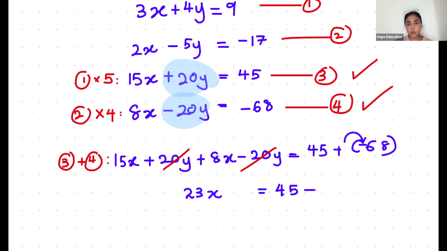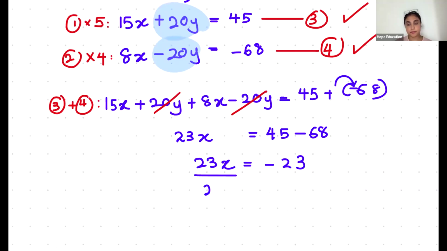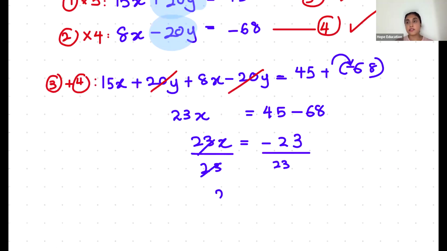So 23x equals, here 8 minus 5 is 3, 6 minus 4 is 2. Look, we can assign a minus, so we have minus 23. Then we divide both sides by 23. So 23, 23 cancel. x equals 23 divided by 23 is 1. No? So that would be minus 1.